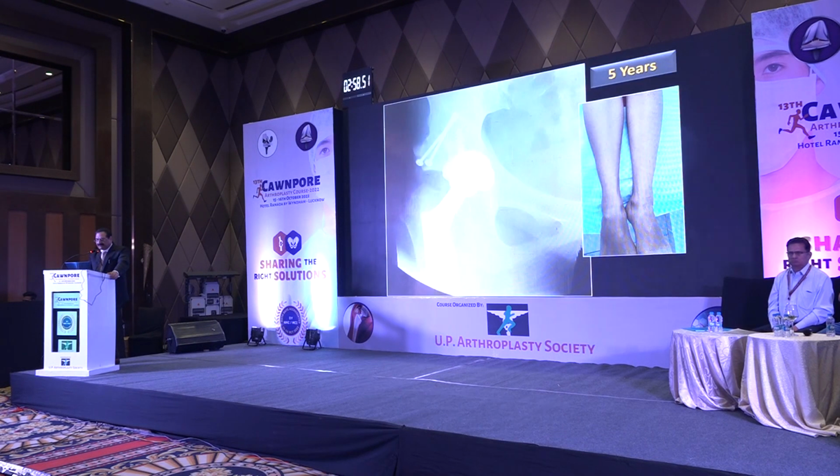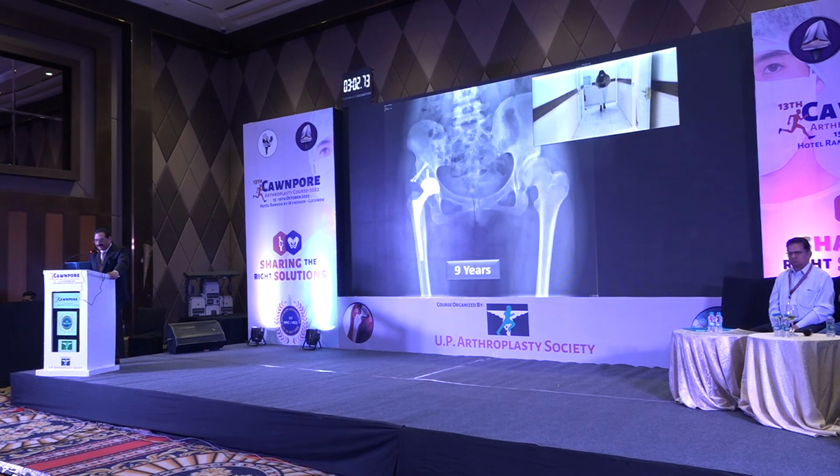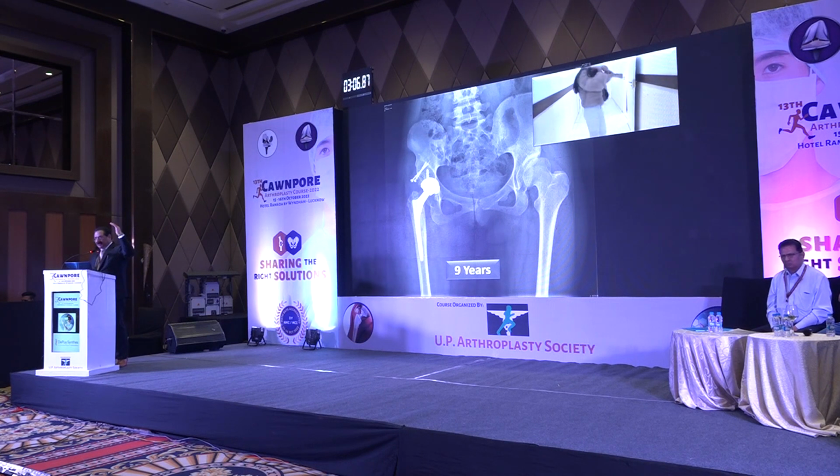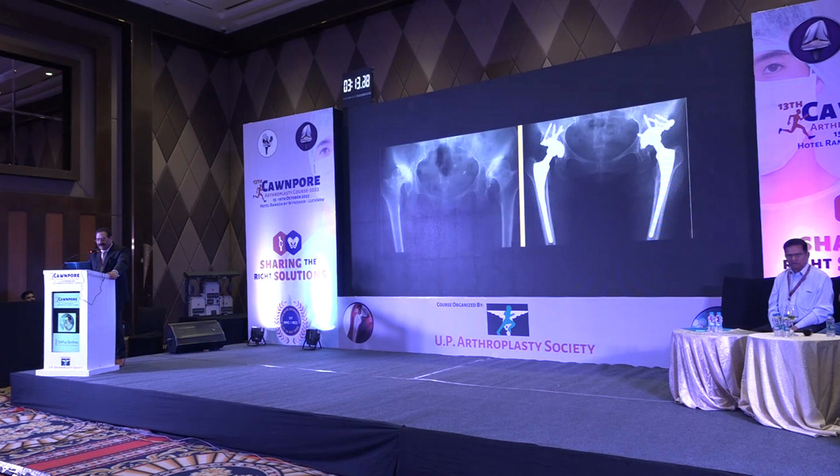And good coverage, 5 years down the line, and that's 9 years, good function. So in this case, we brought the hip rotation center to its native position by using a bone graft. Another patient in whom we have to restore in its native position.